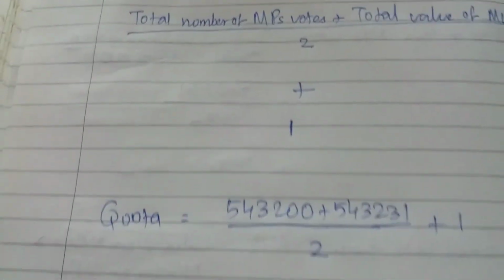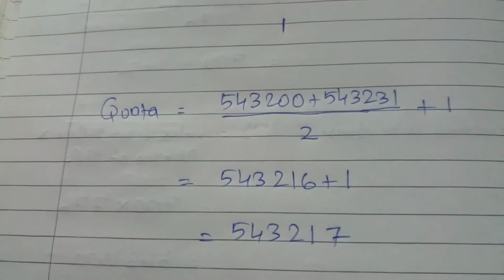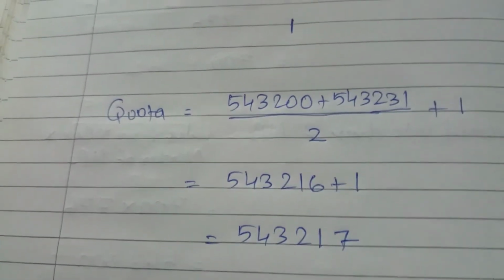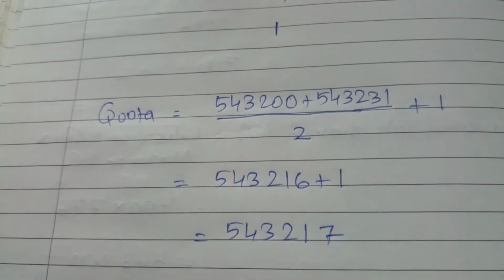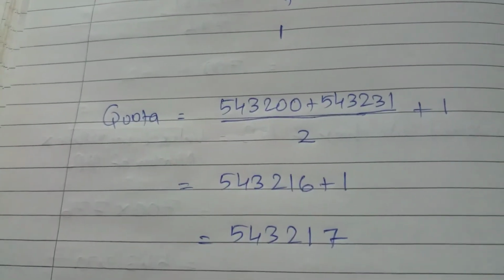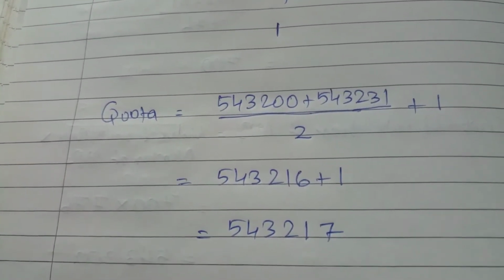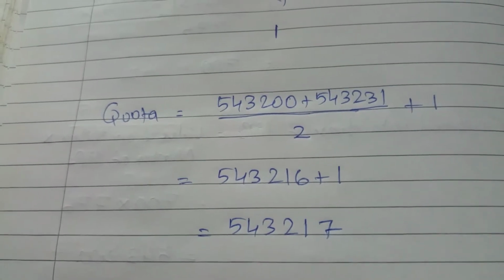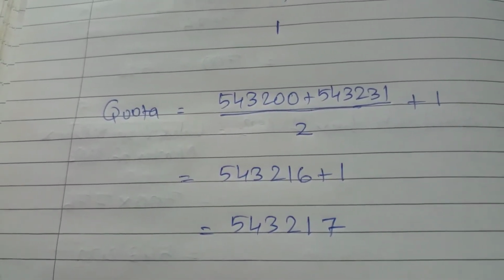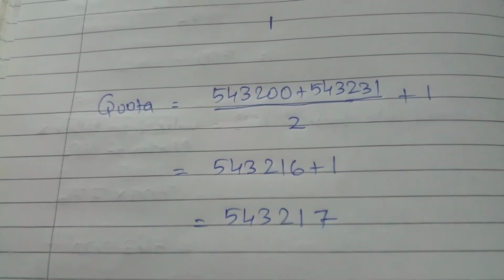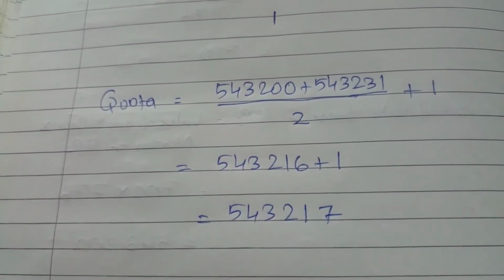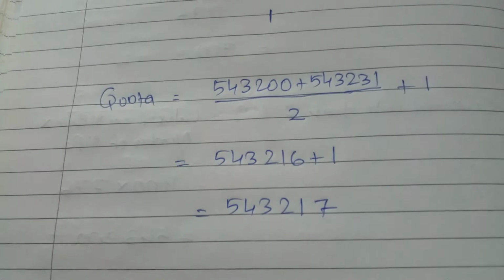Let us see how this quota is calculated in India's case. The combined vote value of MPs' votes is 5,43,200, and the combined vote of all the MLAs is 5,43,231.